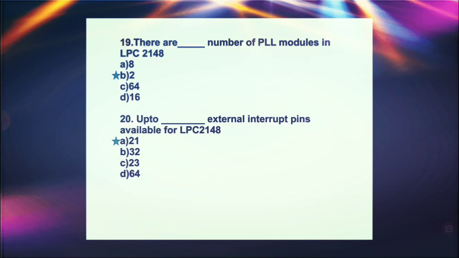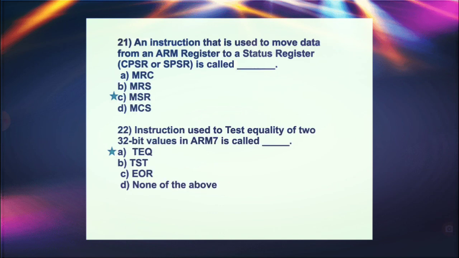Up to 21 external interrupt pins are available. Next question. An instruction used to move data from an ARM register to a status register, CPSR or SPSR, is called dash. Options are MRC, MRS, MSR, MCS. The correct answer is MSR.